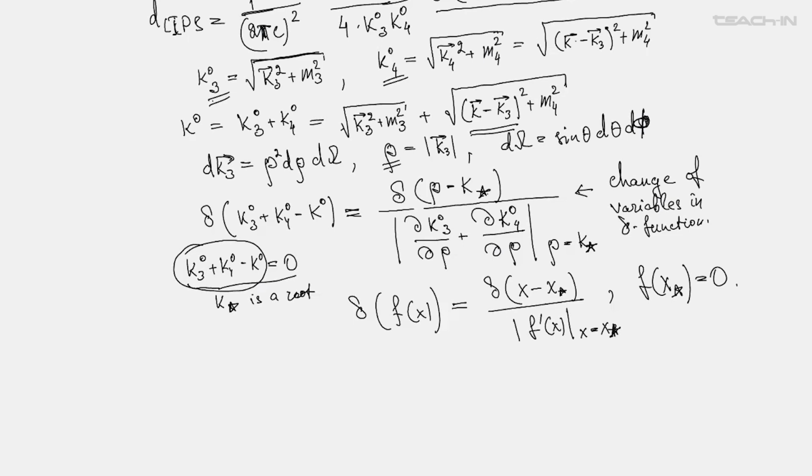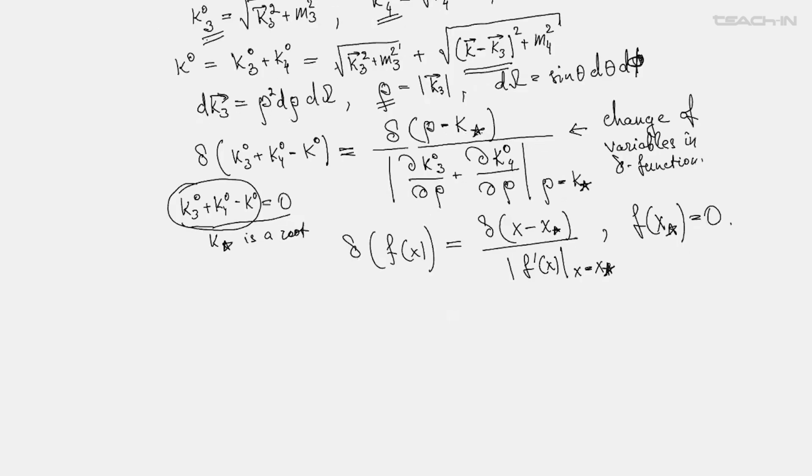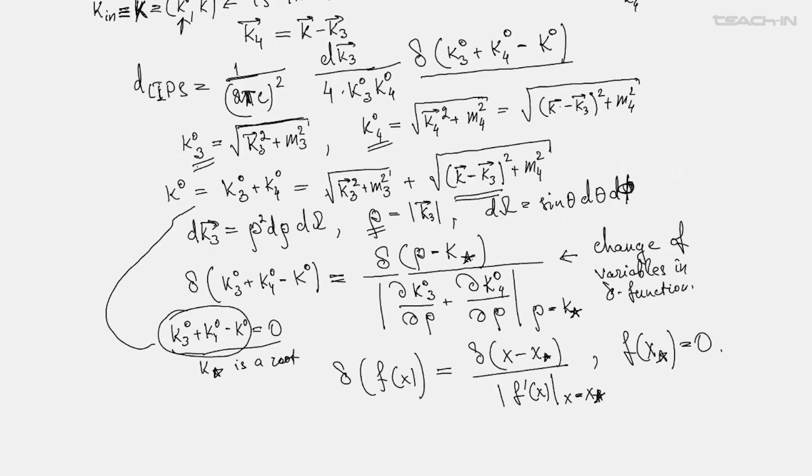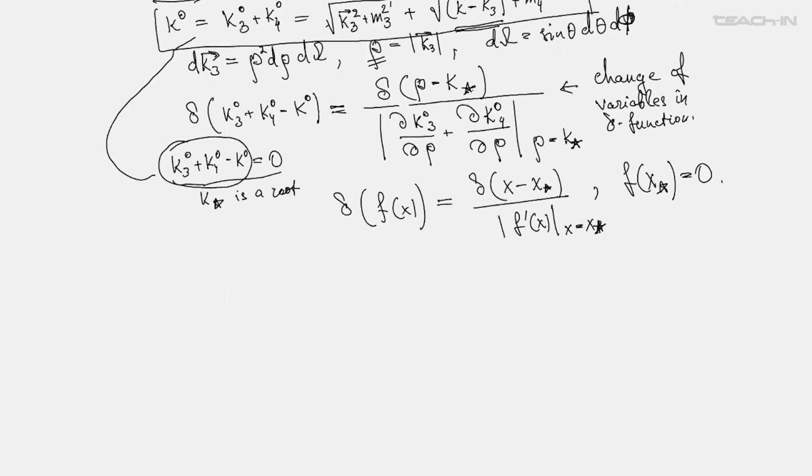Let me then say that explicitly we have written down already this equation. This equation here is the same as the equation here. And if I rewrite it in terms of rho, this variable which we want to integrate out, then this equation will look as follows. K3 squared is rho squared plus m3 squared, plus the square root. And now this k minus k3 squared, I need to open up.